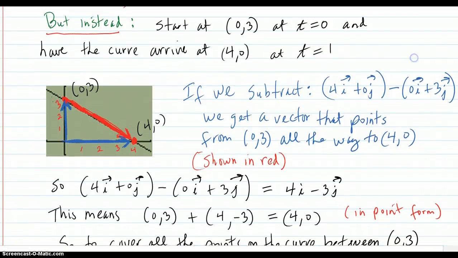So instead, we're going to do something a little different. We're going to start at 0, 3 at t equals 0 and have the curve arrive at 4, 0 when t equals 1.